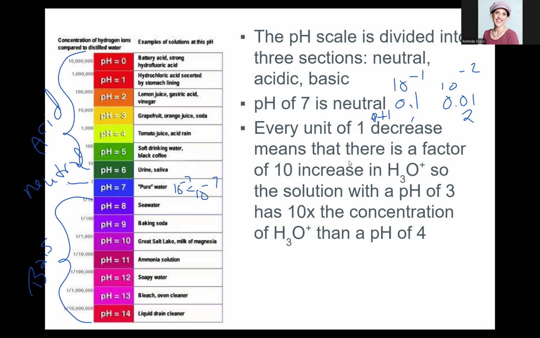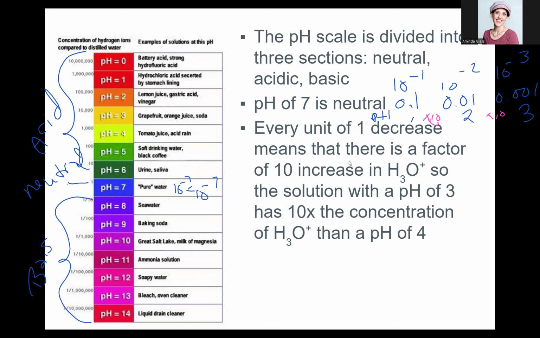Between 1 and 3, if this is 10 to the negative 3, this would be 0.001, which is a pH of 3. You can see that it's hugely different. It's 10 here, and a difference of 10 here.